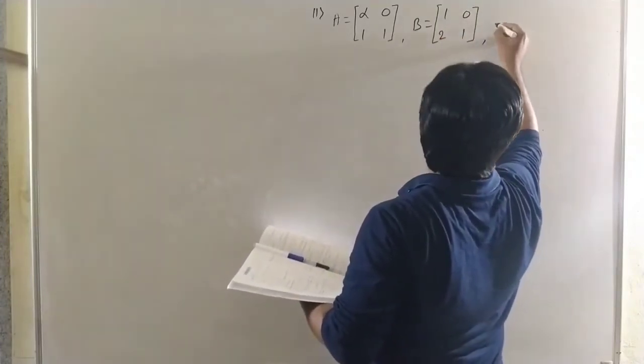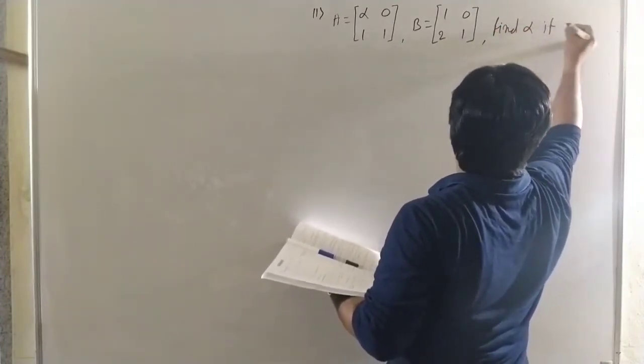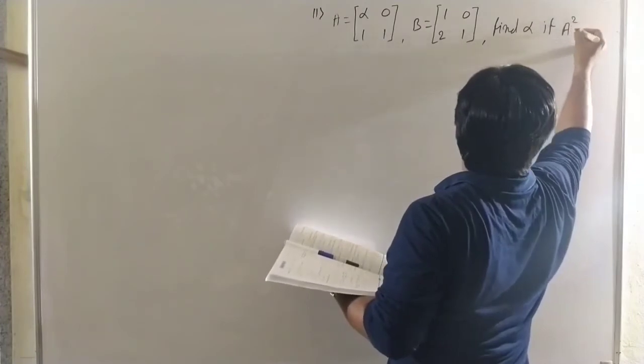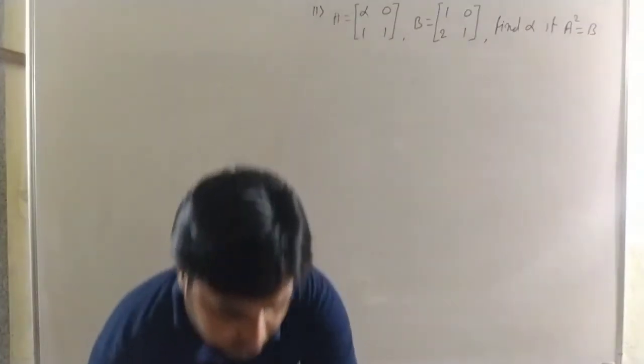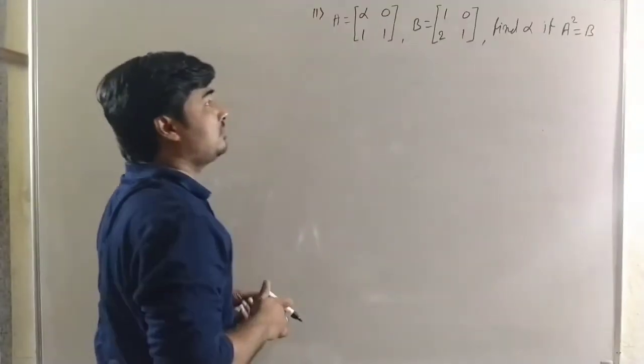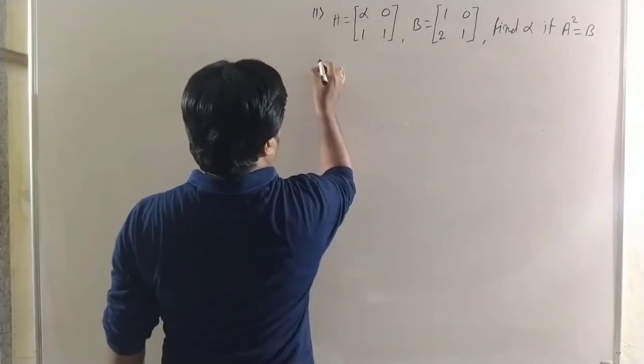Then find alpha if A square is equal to B. Here we want to find the value of alpha, and the condition is the matrix A square is equal to B.